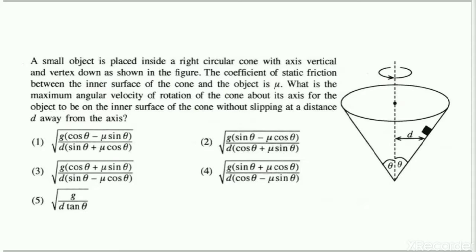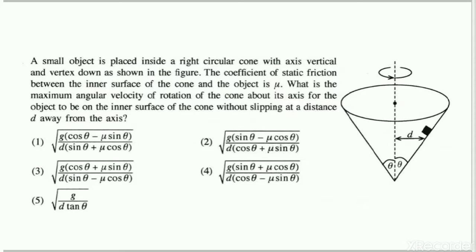But in this question, the cone is rotating. When it is rotating, the small object on the inclined inner surface of the cone will get a centrifugal force. That is normal. When there is a centrifugal force, there should be a centripetal force also. So centripetal force is towards the axis and centrifugal force is away from the axis.